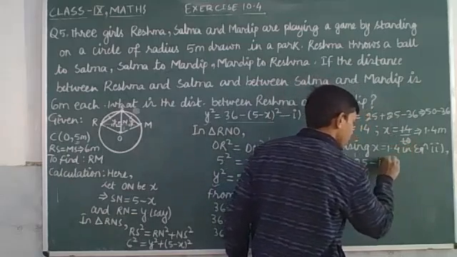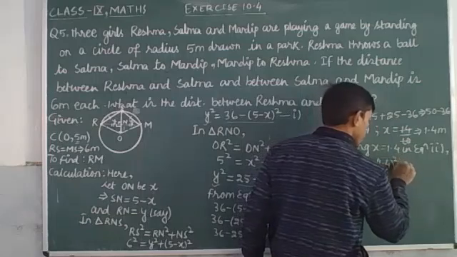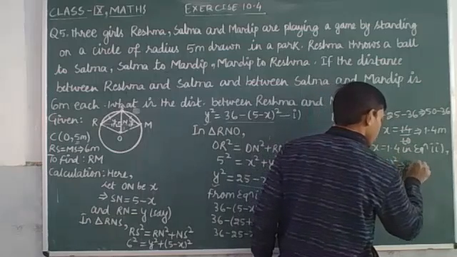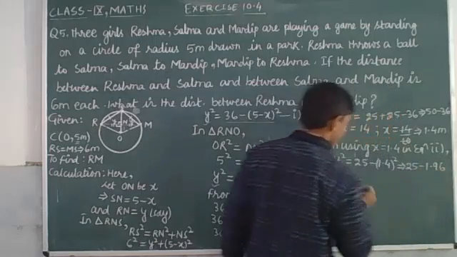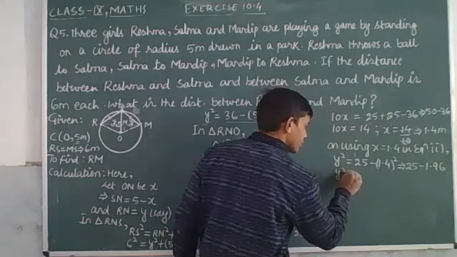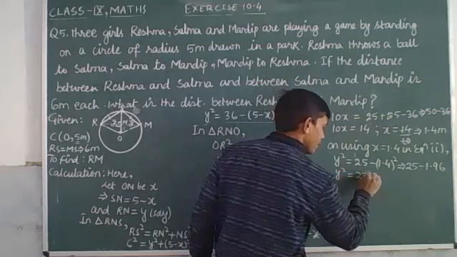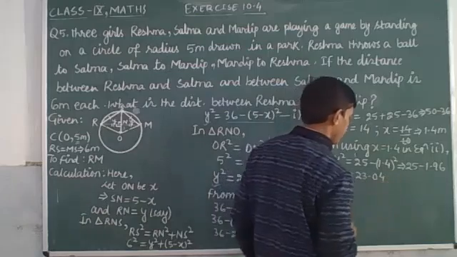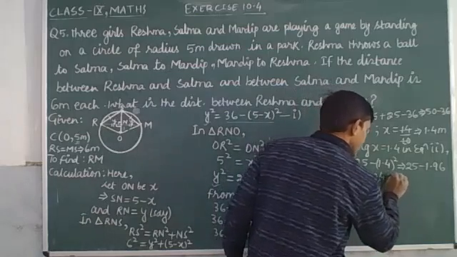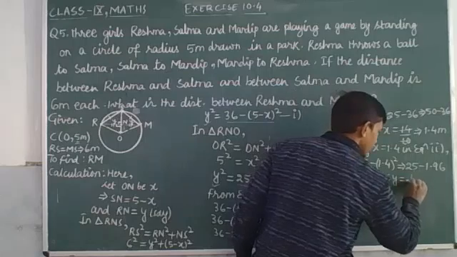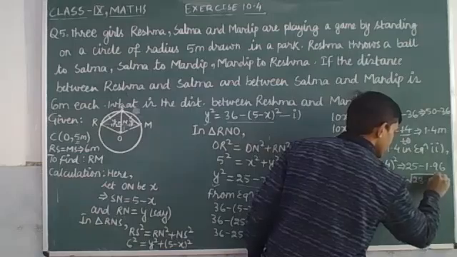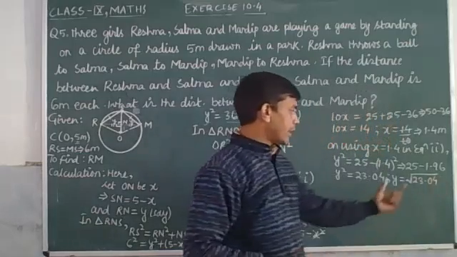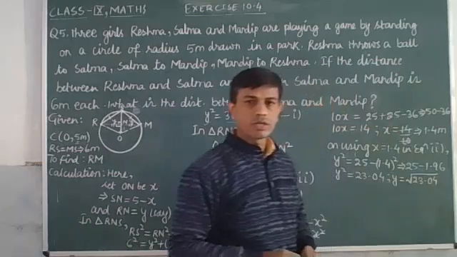So it is the square of 1.4. This equals 25 minus 1.96. So that y square equals 23.04. So that y equals the square root of 23.04.